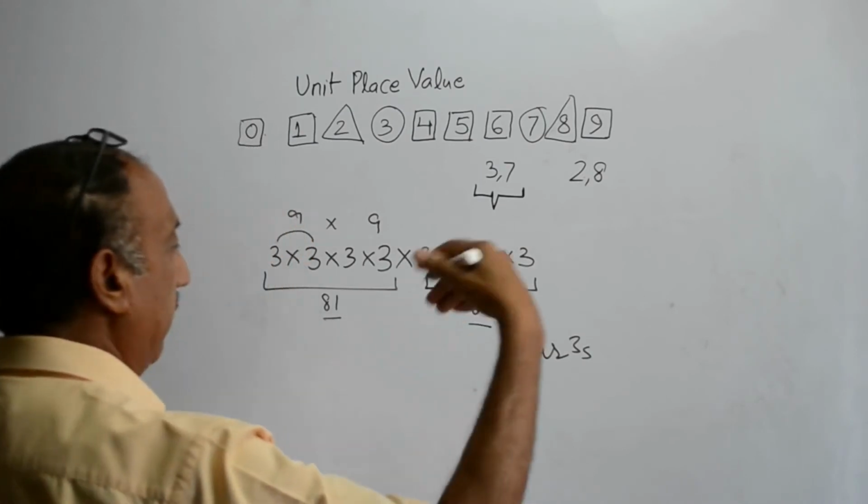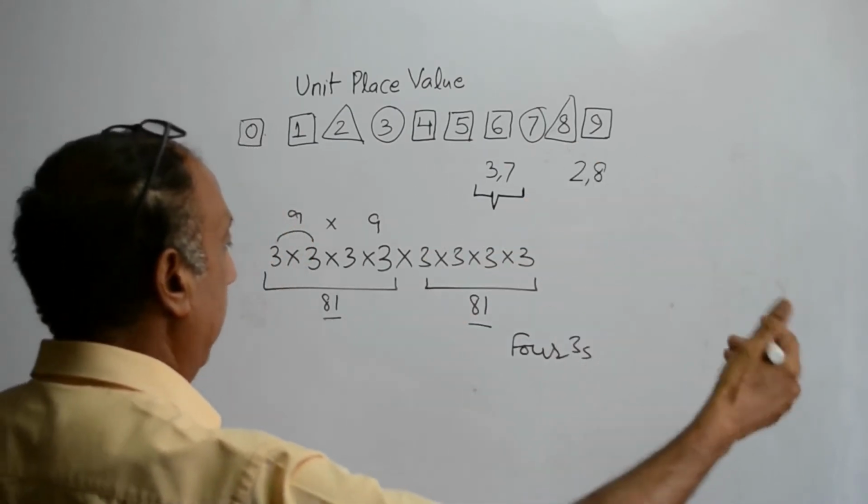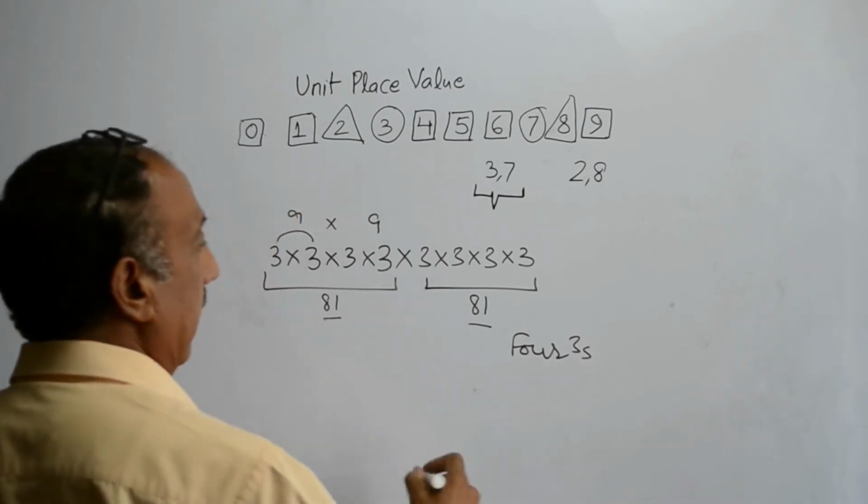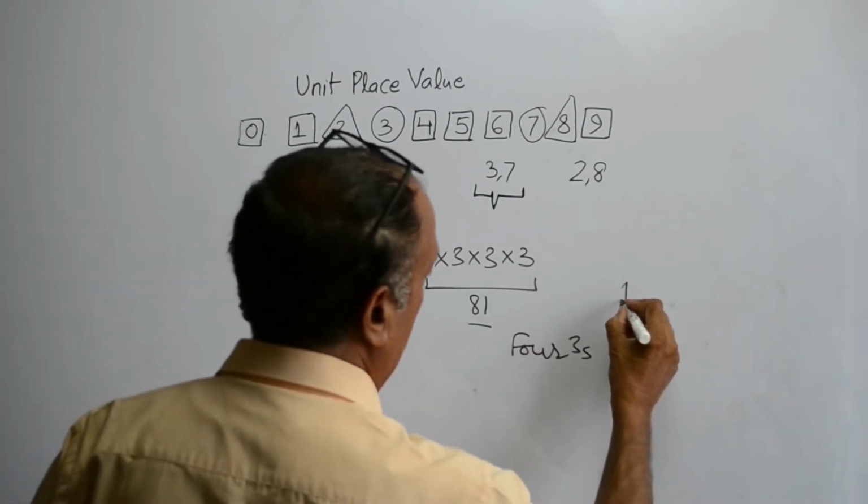So 81 multiplied by 81 multiplied by 81 will give us 1 as the last digit.